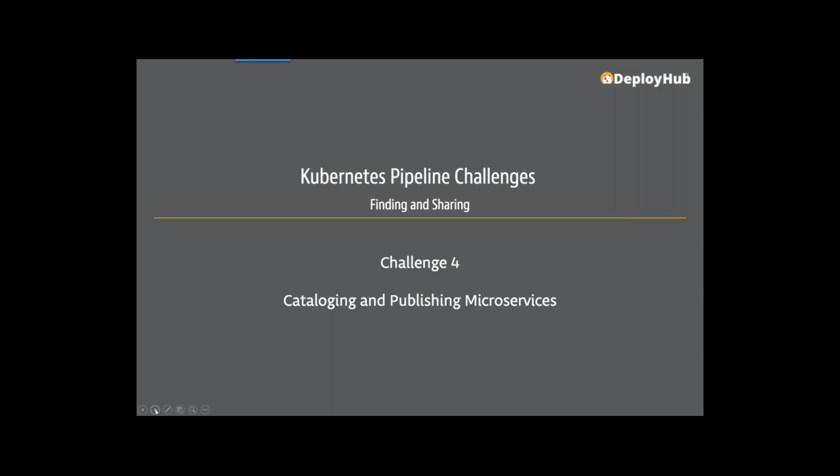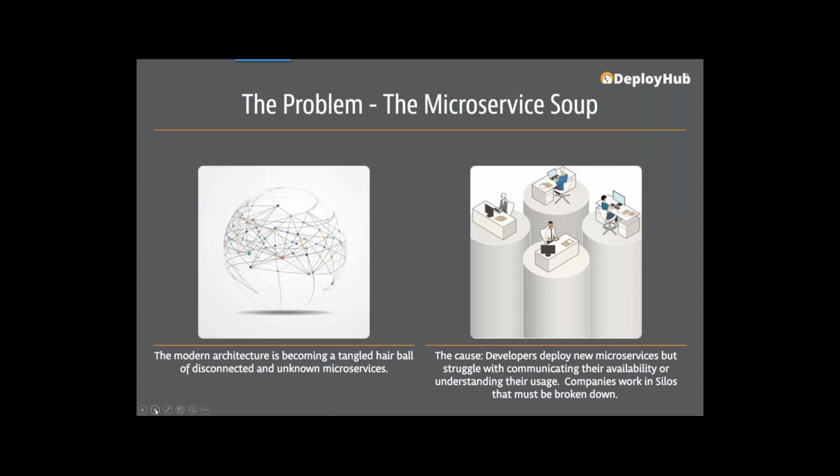We don't want to do that with microservices. We'll have thousands of crazy microservices running out there, and we will have a failed microservice implementation. If you think about what's happening right now as companies move down this path to microservices, the architecture is becoming what I call a tangled hairball, and the microservices are kind of unknown and disconnected.